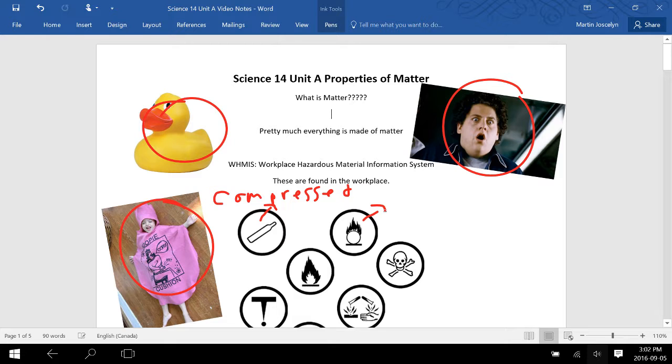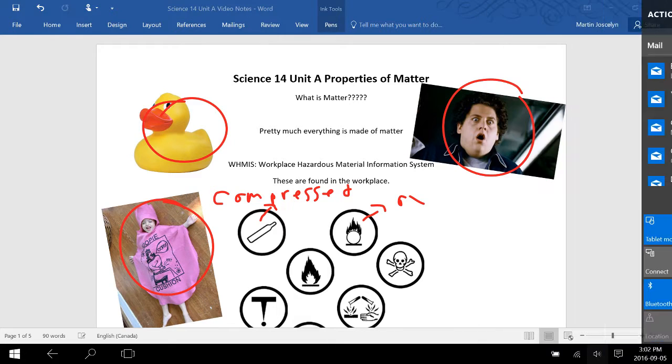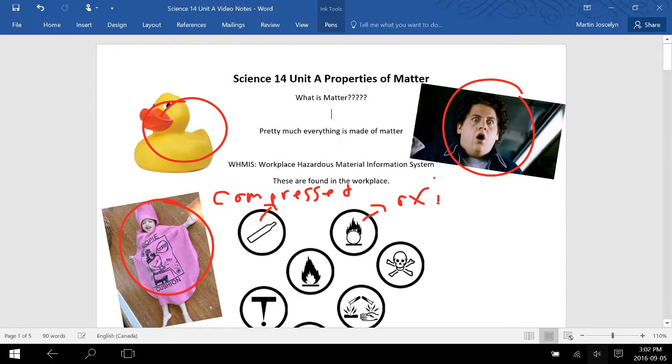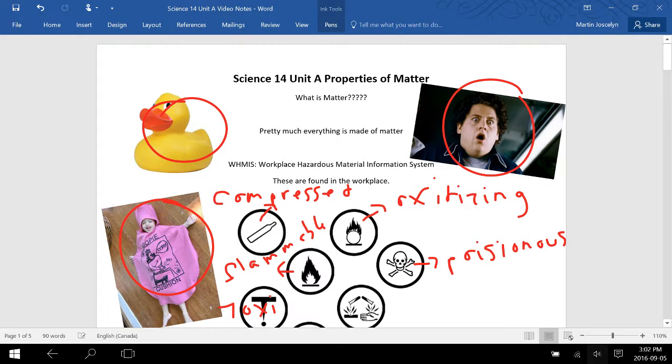Okay, then we have this one. It means it's oxidizing. Here we have poisonous. And flammable. We have toxic, this T with an exclamation mark.